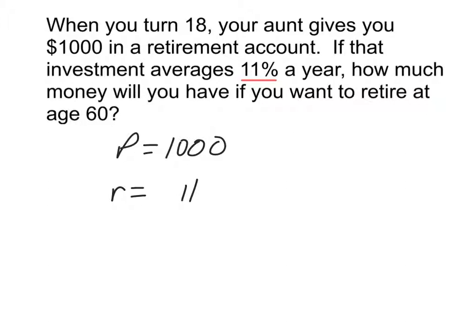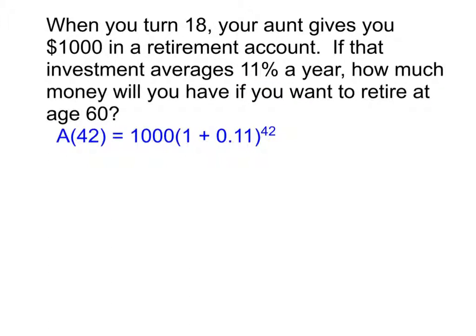Yes, but it's not going to be 11. Remember, we have to take whatever the percent is and divide it by 100 to make it a decimal. So yes, it's going to be 0.11. And then it's to the power of t. What is t here? 42. Yes, because we're going from age 18 all the way up to age 60. So here is our basic equation.